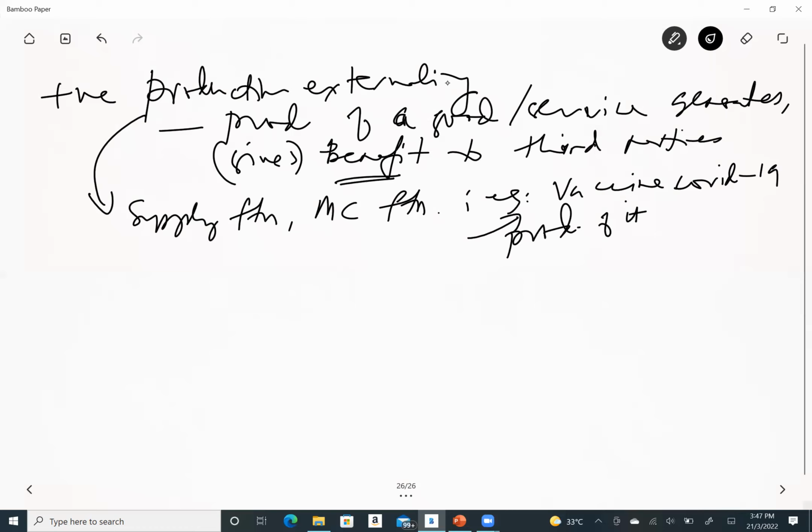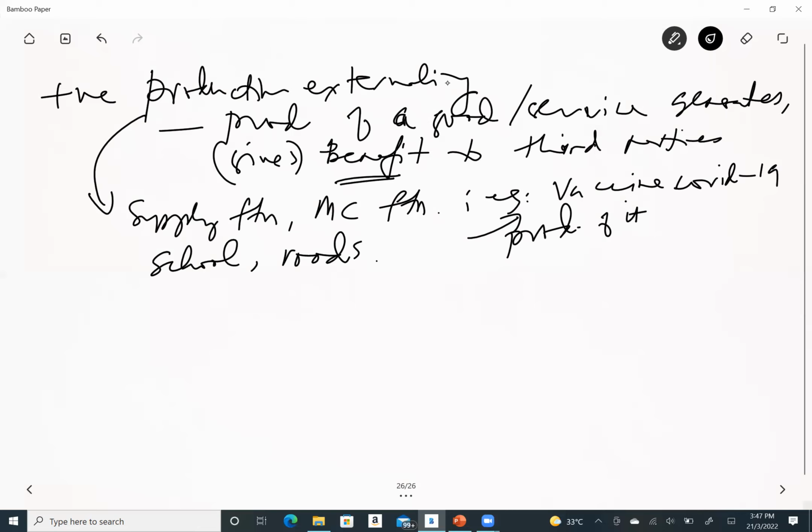Another example would be building a school or a road, which has external benefit to some people. So the effect is on the supply function, because it's production.